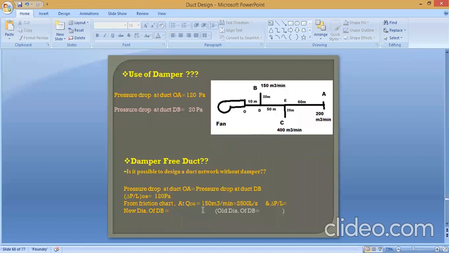So now we know that the discharge required at this B is 150.